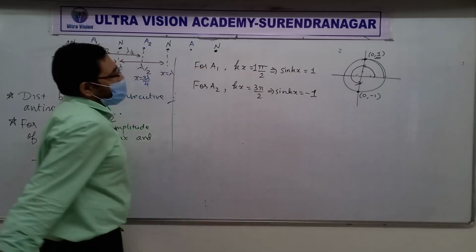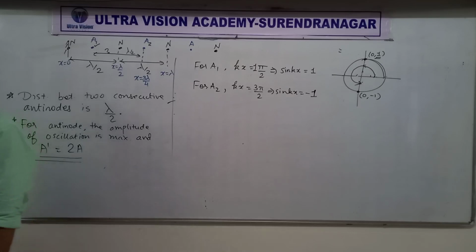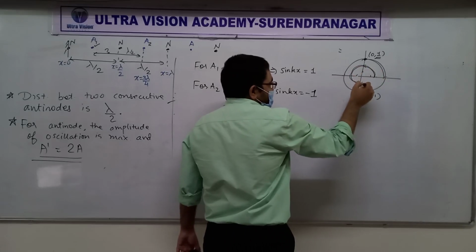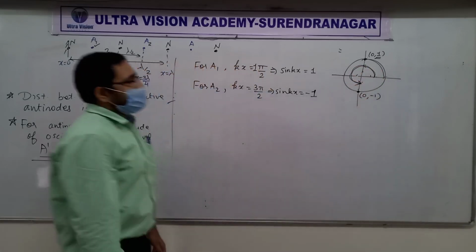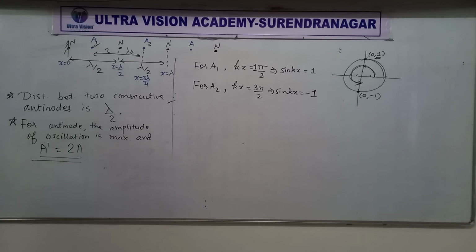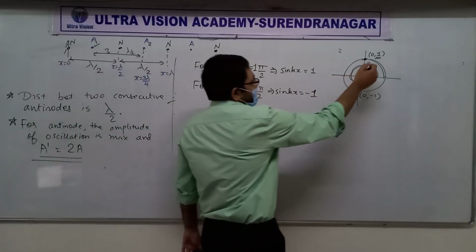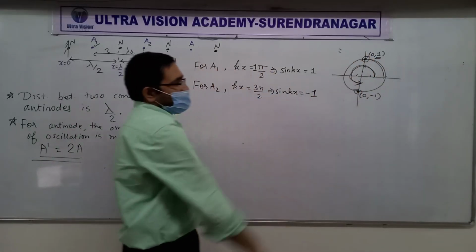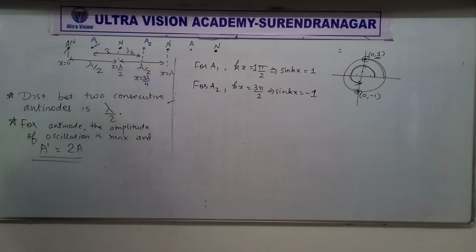Whatever I have written on the board, is it clear or not clear? Why minus 1? Going to this point here. Okay, plus 1 and minus 1 clear. Plus 1 for pi by 2, this point, and minus 1 for 3 pi by 2, this point.